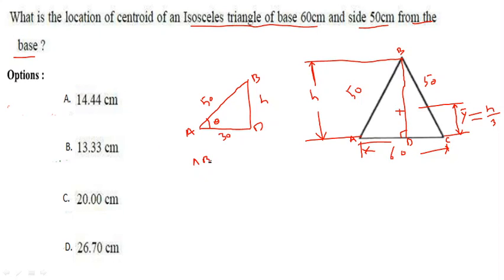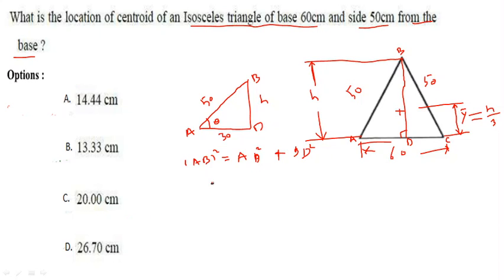AB square is equal to AD square plus BD square. Now substitute the respective values.